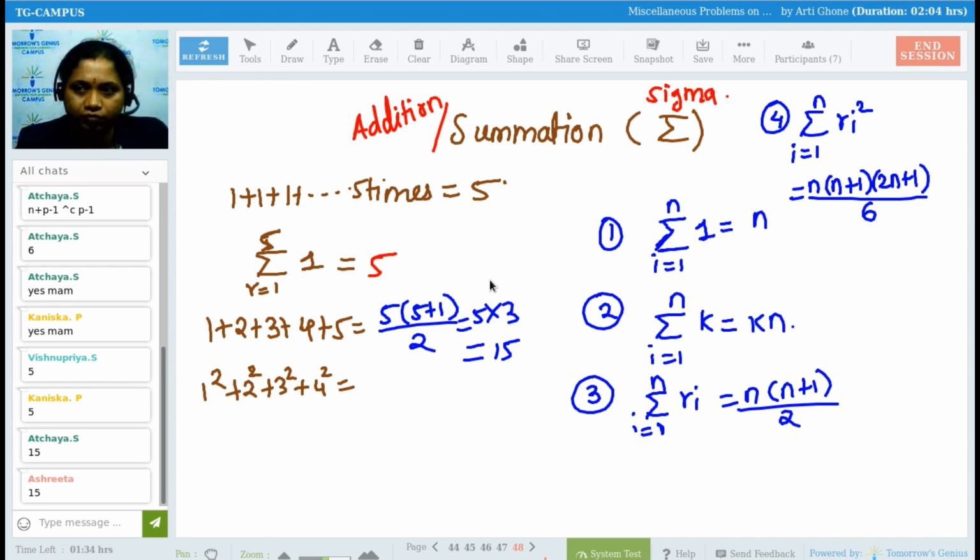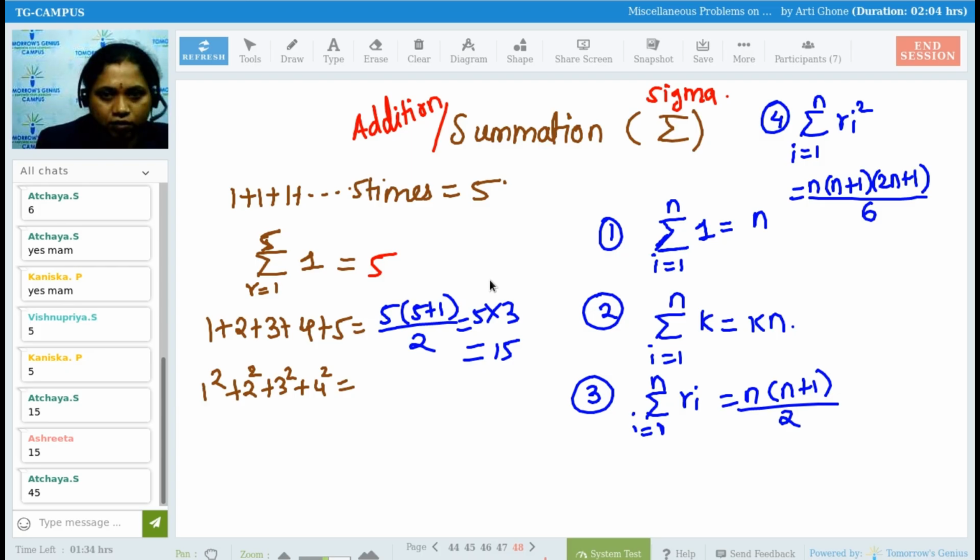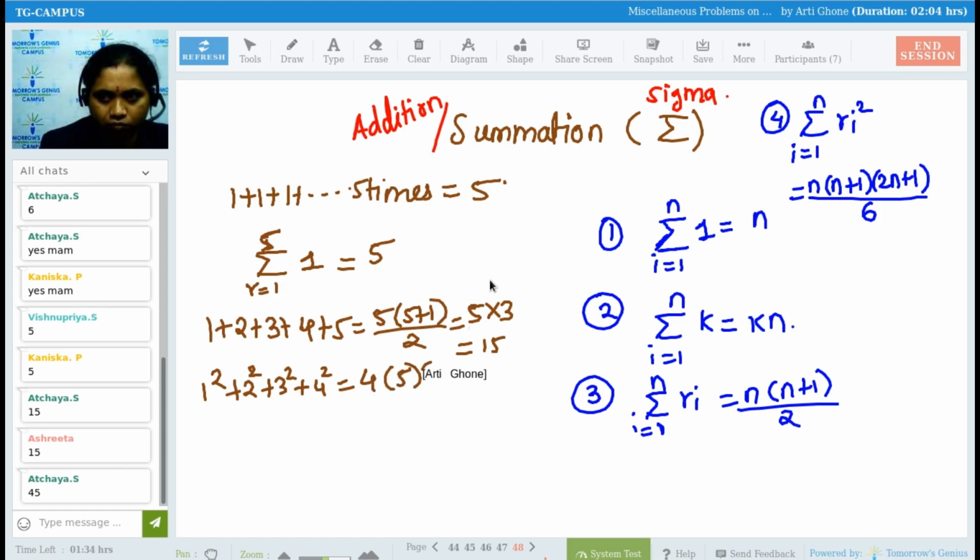What is the addition you are getting? 1 plus 4 plus... Are you getting 30?